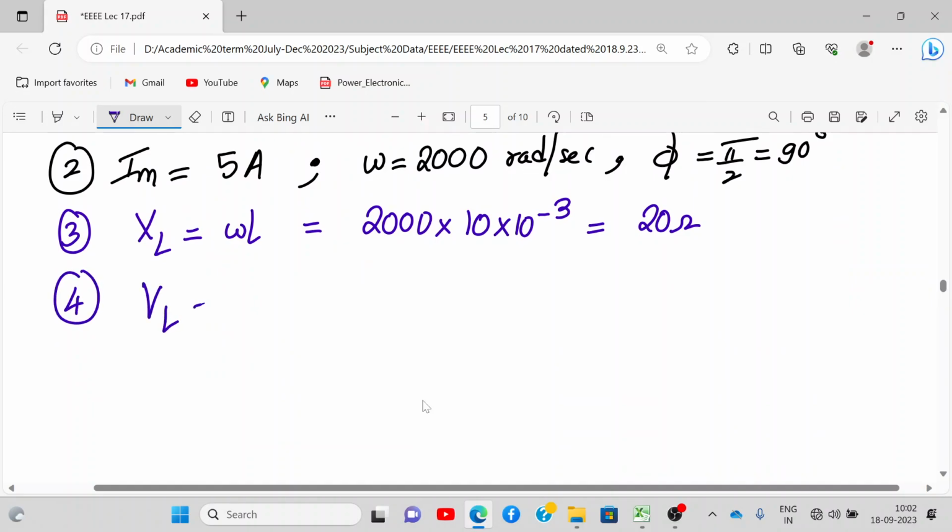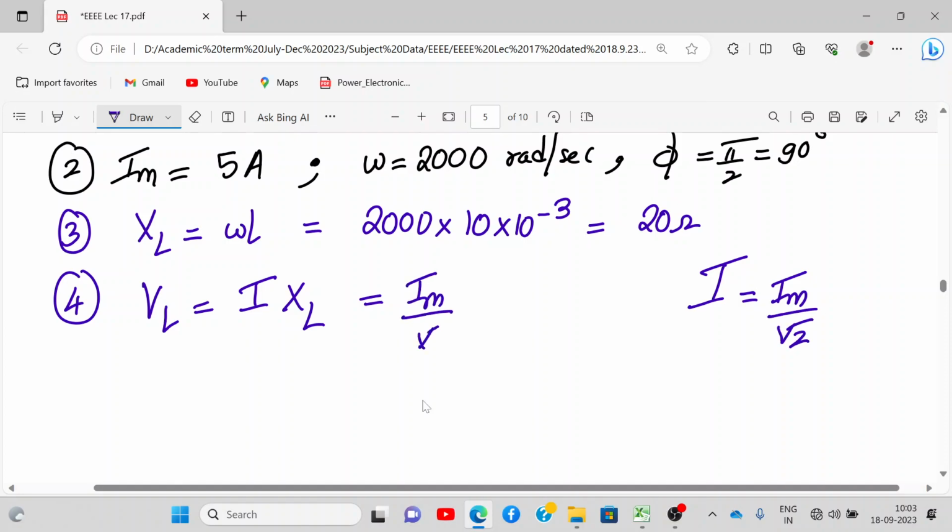Now what is VL given by? I into XL. So what is I given by? I will be I RMS, right? What will be RMS? Im by root 2. So I is Im by root 2 and XL is 20.